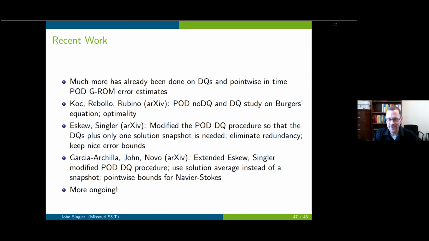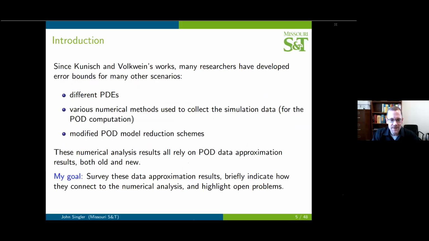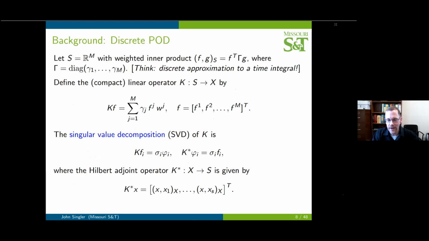That's great. Let me go back if I could. I'll mention here in the discrete case, by analogy, but there's a little more. In the discrete case, K here, if you think of this in the Frobenius norm or the Hilbert-Schmidt norm, the Frobenius norm of K is exactly equal to the weighted sum of squares norm of your data.